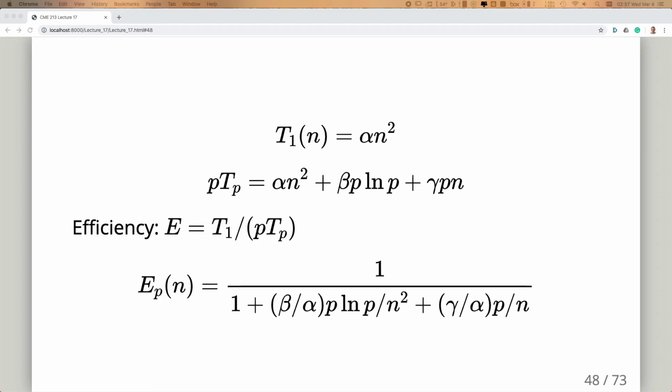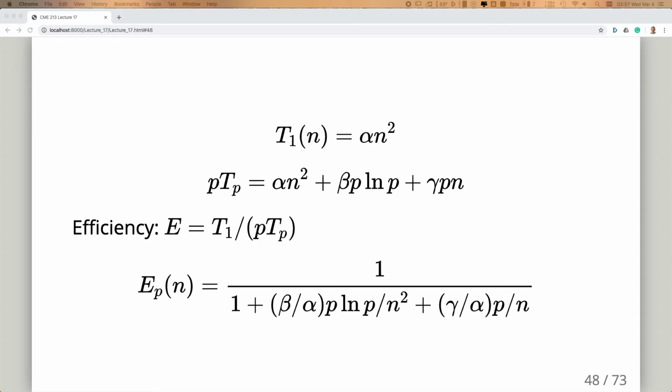So maybe this is n, and this is P. If you're along this curve, then the efficiency may be, say, 1/2. If you're above, then the efficiency will be below 1/2. And if you're below, then the efficiency will be greater than 1/2. If you're on the curve, efficiency is exactly 1/2.